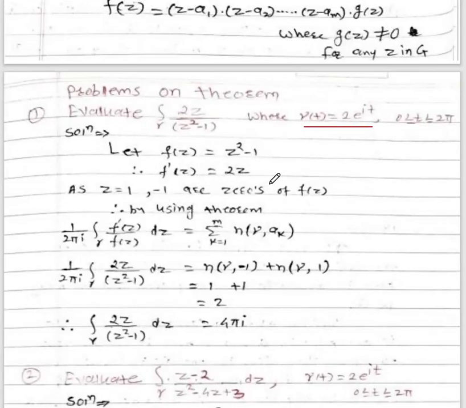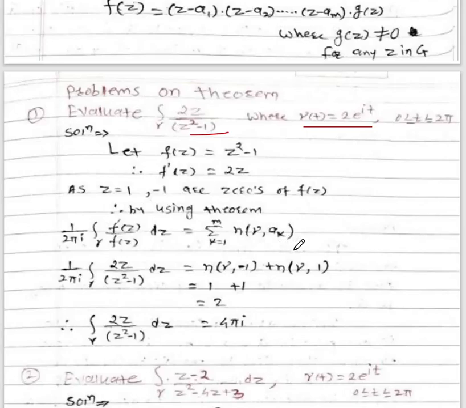The factors of this term are z minus 1 and z plus 1. Therefore z equal to 1 and z equal to minus 1 are zeros of f of z. So by using the above theorem, 1 upon 2 pi i integral over curve gamma f dash of z upon f of z dz equal to summation k equal to 1 to m index of closed curve gamma at ak.